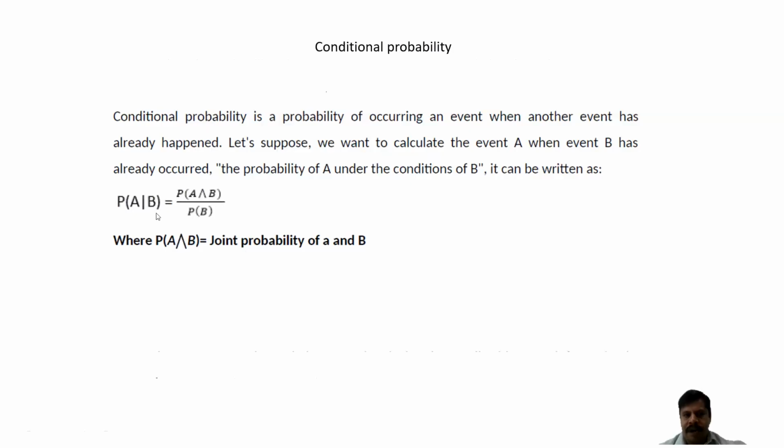For example, if event B has already happened, and we want to calculate event A with respect to B, that is defined as the probability of A under the condition of B. It is symbolically represented as P of A given B is equal to P of A joint B, that is the joint probability of A and B, divided by the probability of B. Clear?